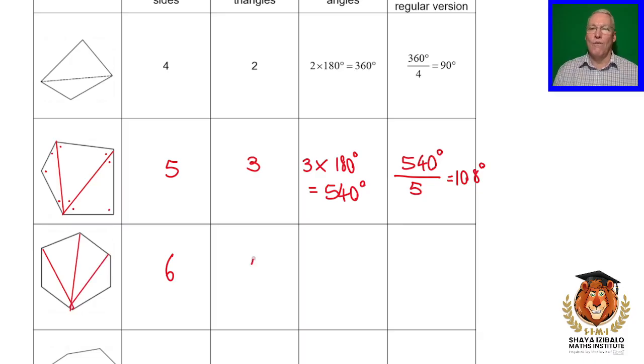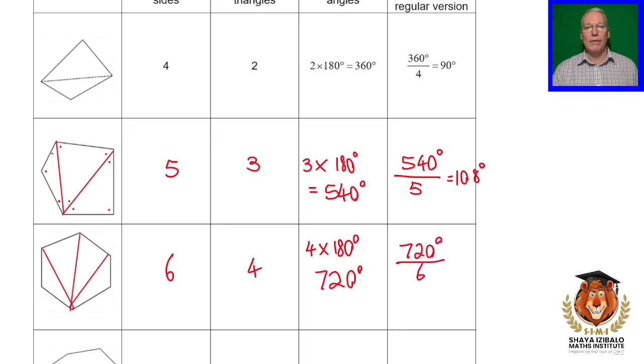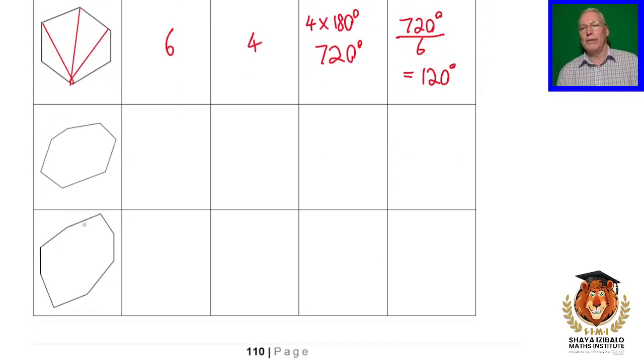How many triangles? 4. So 4 lots of 180. Now 4 lots of 180 is actually 720 degrees. And there's 6 angles. So the total number of degrees is 720. If we add up all the angles, 720 divided by 6 is 120 degrees. In a regular hexagon, every interior angle is 120 degrees.